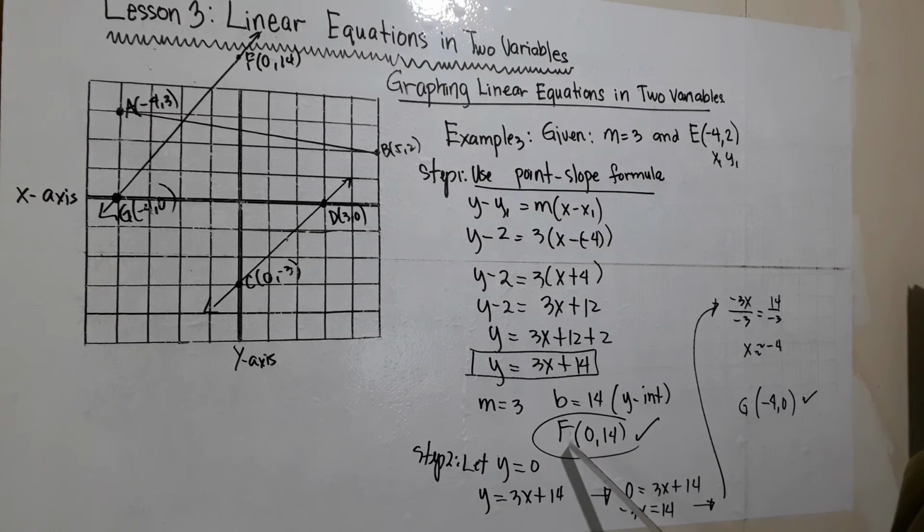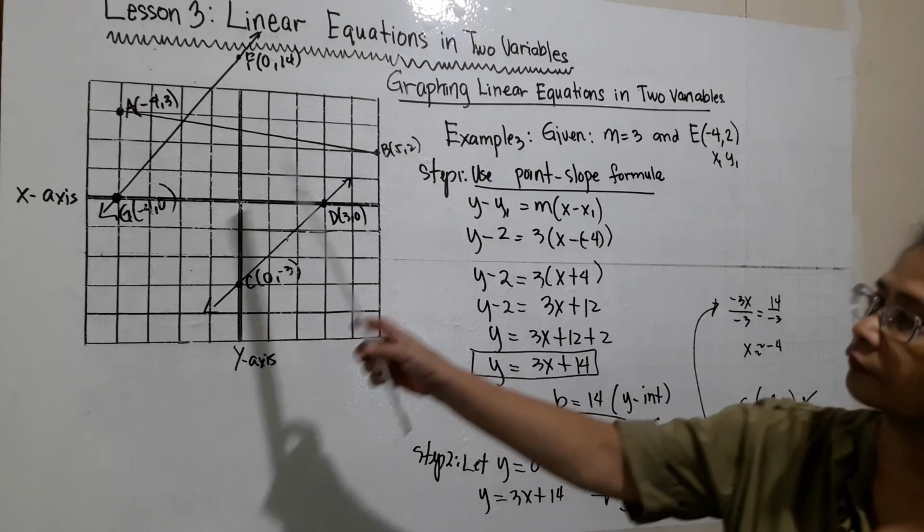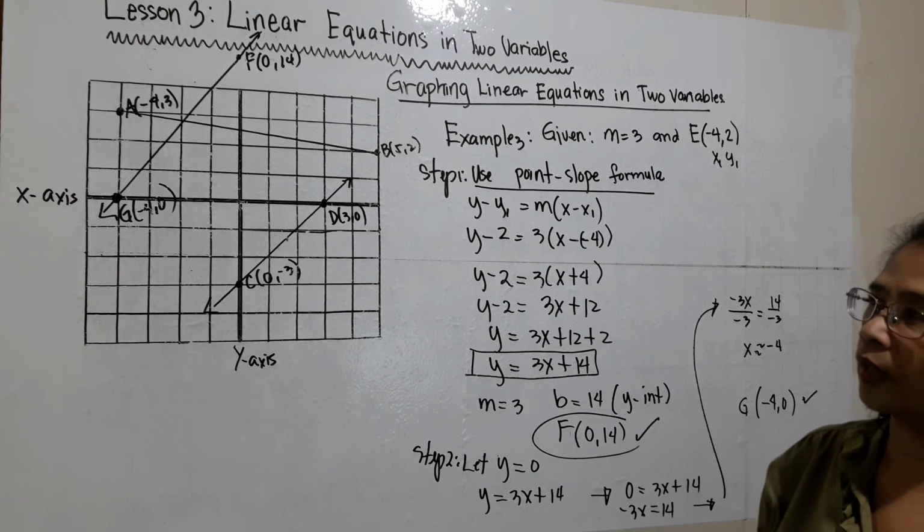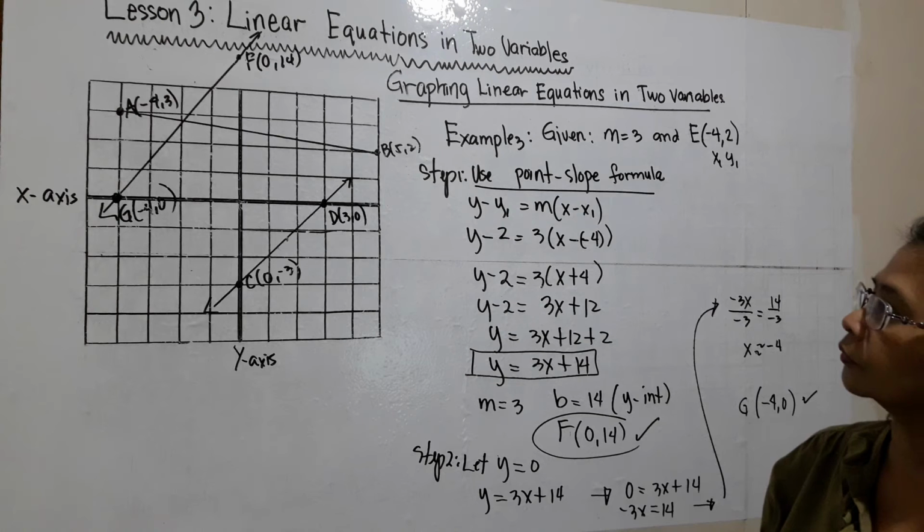After finding the y-intercept, you can look for the x-intercept by substituting y equals 0. Then you are ready to graph it. With at least 2 points, you can graph the linear equation in two variables.